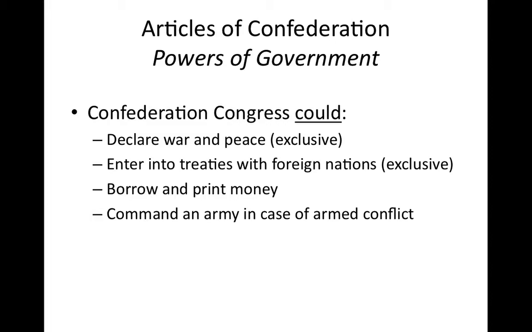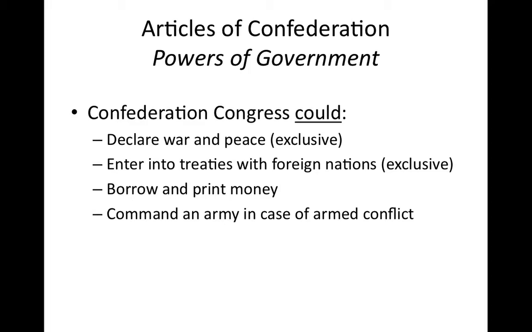The Confederation Congress, therefore, had really the only power in the national government. And it had a list under the Articles of Confederation of powers that it could perform. That list included the power to declare war and peace. It was the only government in the United States that could do that. The state governments could not do that.